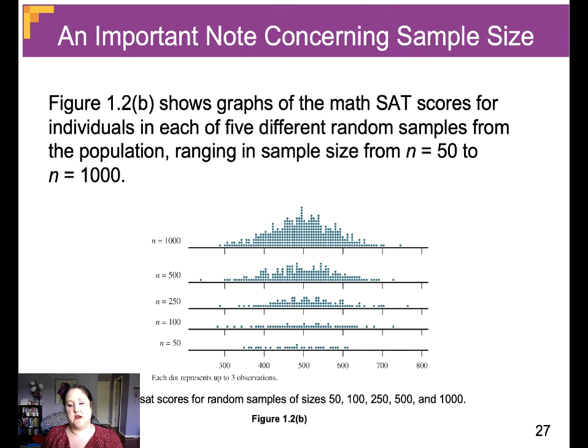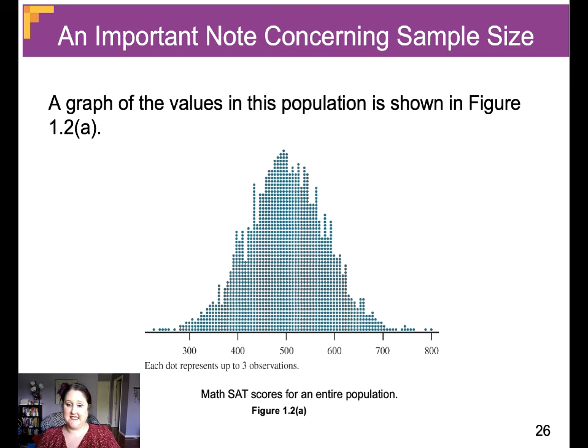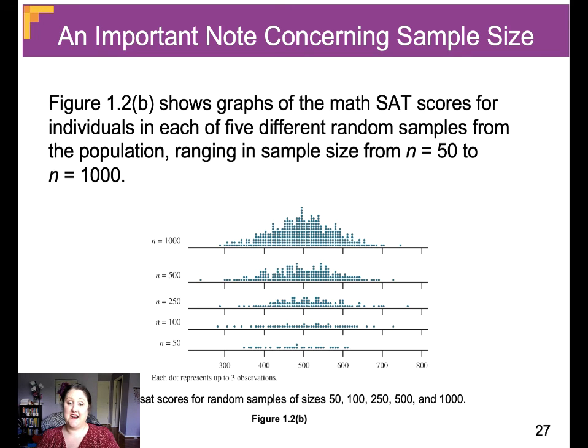You'll notice here that when we plot the results from the samples, they're still centered around the same population value. So let me go back to the population graph. Here, it's centered around 500, and in all of these graphs, it's still centered around 500. So we see that our samples were very similar to what we saw in the population.